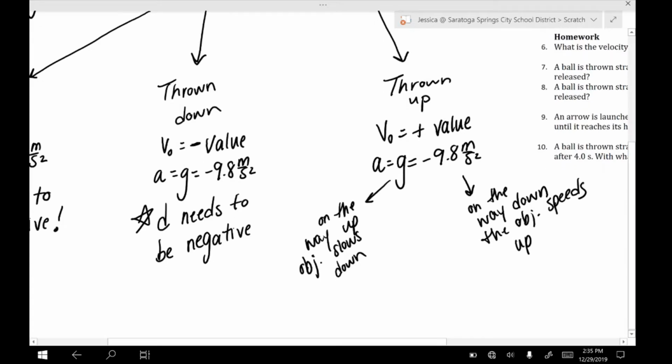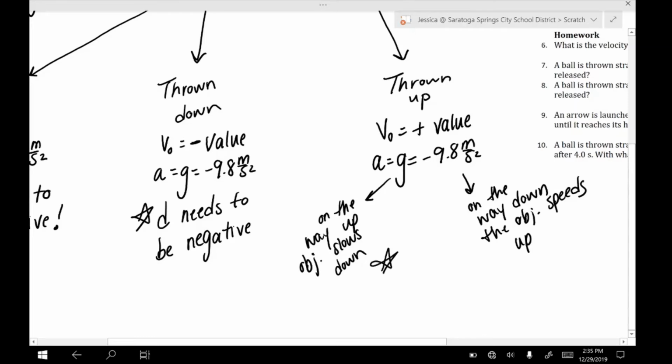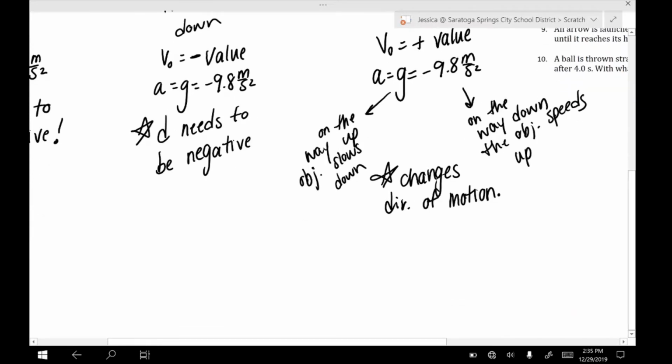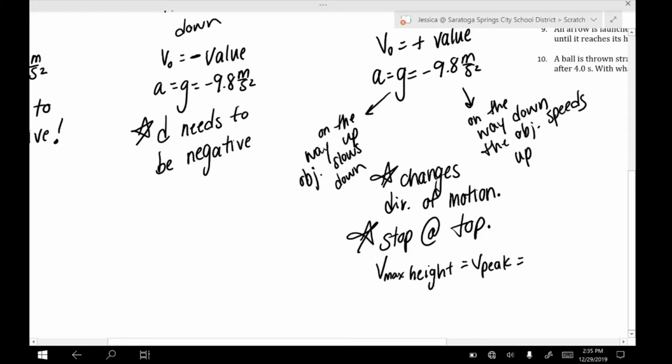Now because this object changes direction of travel, it must stop at some point, because in order to change directions you have to stop, just like in a car. So it changes direction of motion, right? We go from moving up to moving down. So what this means for us is we stop at the top, which means the velocity at our maximum height, or the velocity at the peak, is 0.